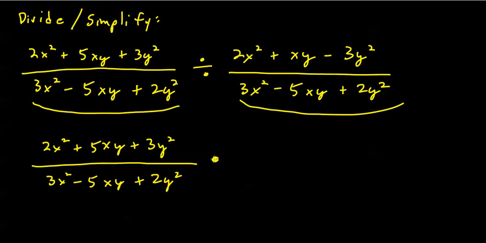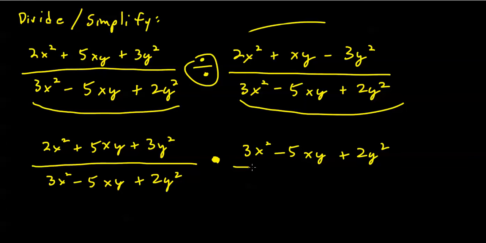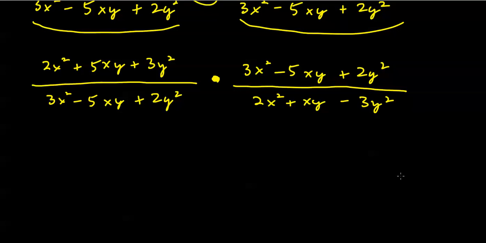Alright, so to turn this division into a multiplication, I've got to invert this divisor rational expression. And the reason I didn't factor first here is because I saw I could very easily cancel out the entire expressions. 3x squared minus 5xy plus 2y squared.